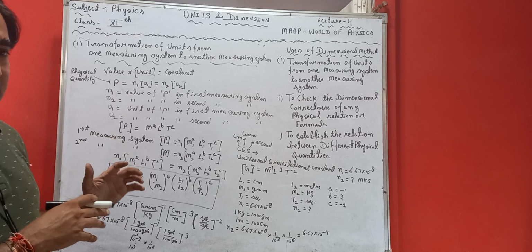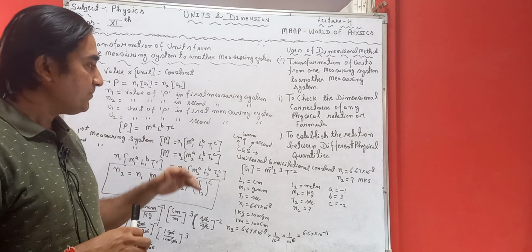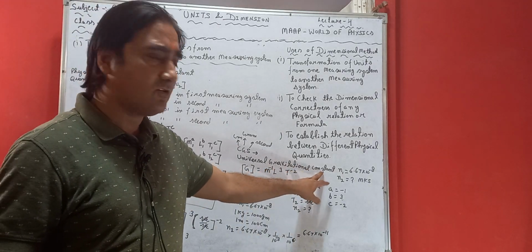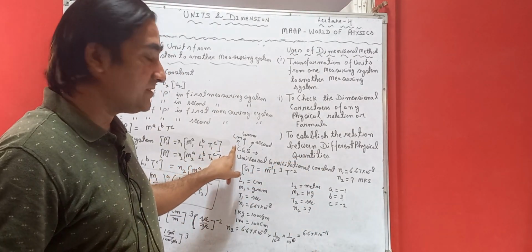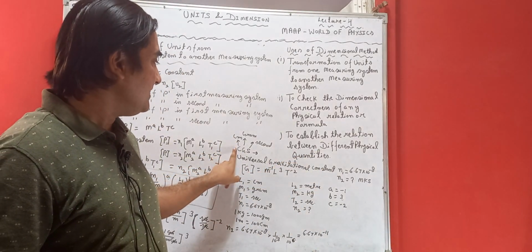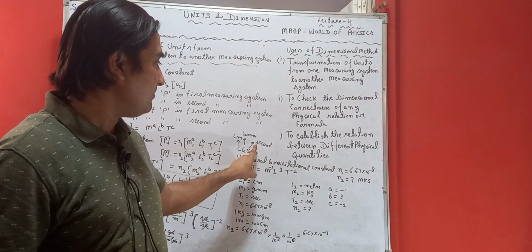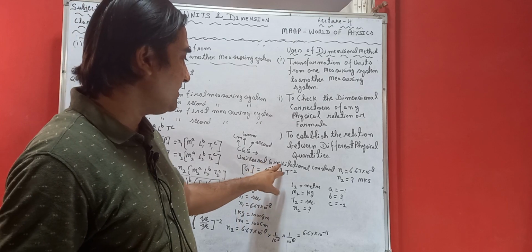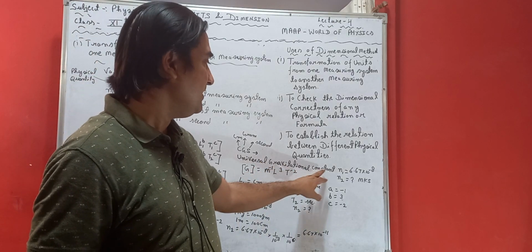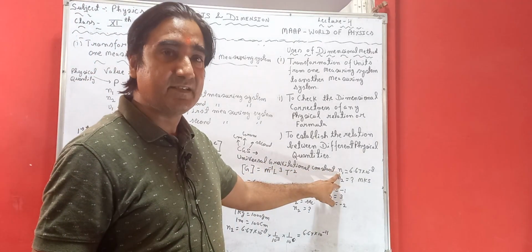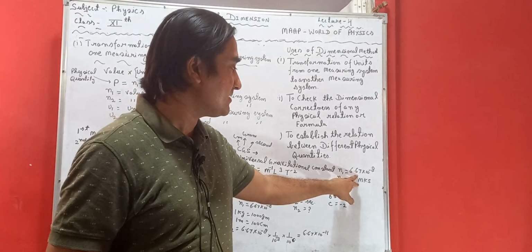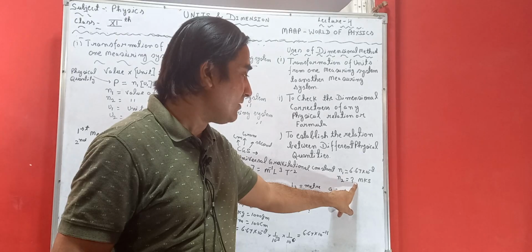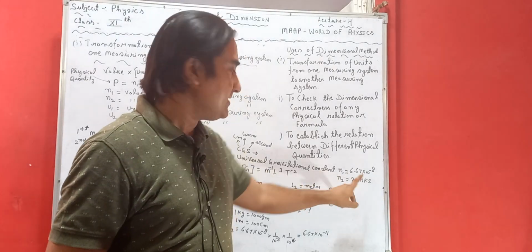I have also discussed one of the questions here. I took the example of the universal gravitational constant in the CGS system. What is the CGS system? Length in centimeter, mass in gram and time in second. The value of the universal gravitational constant G in the CGS system is n1 = 6.67 × 10^-8, and I have to calculate its value in the MKS system.